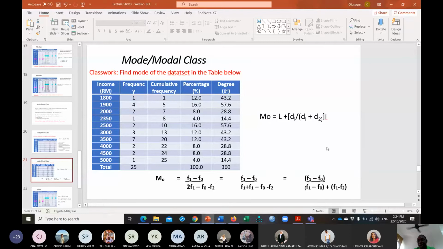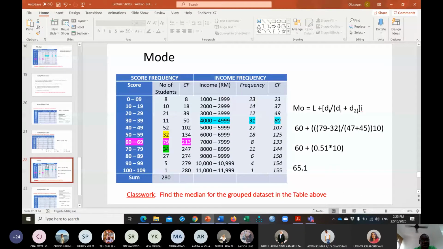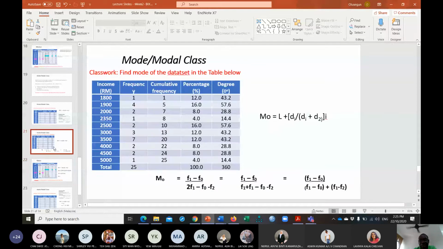Either it's D1 or F1 or F2 or F0, they are still the same thing. Do we agree with that? So I just try to decompose D1 and D2 to represent F1, F0, F2, as it may be seen in other texts or other media as the formula for mode. Is that okay? I just want to call attention to this so that we will not get confused when we see these two formulas. They are not different from each other.